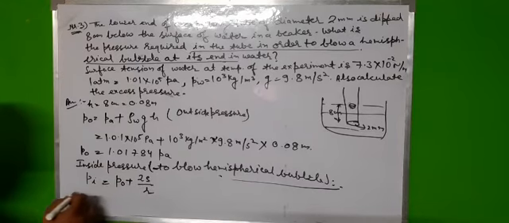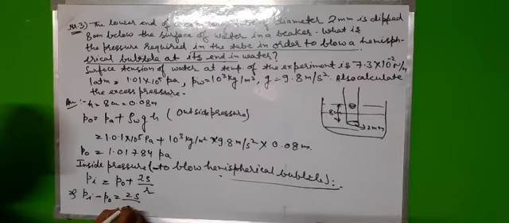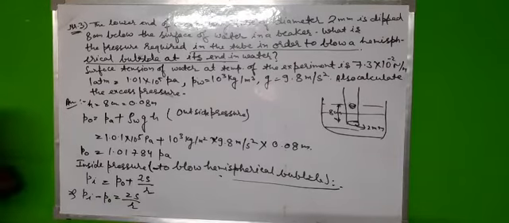So we have to calculate Pi minus P outside, that is the excess pressure, 2S upon r. Outside pressure is given, and inside pressure we have to find out.